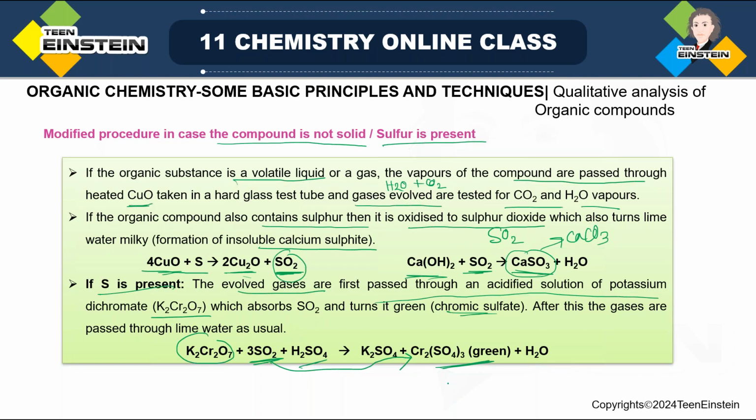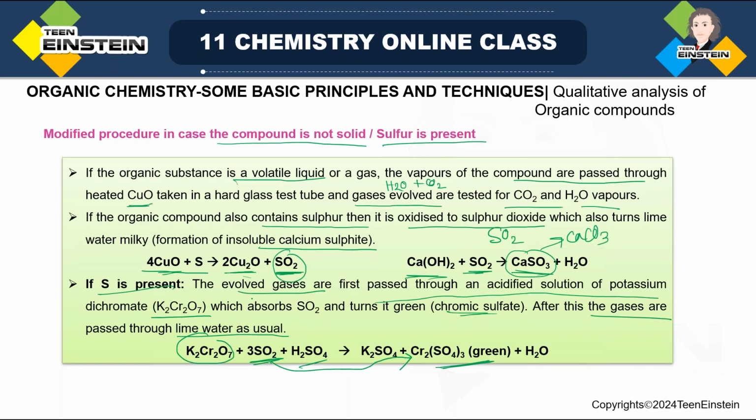Now once you have done this, the SO2 is already removed. After this, the gases, whatever gases are left, you can pass through lime water as usual. So after doing this, you are passing it through calcium hydroxide solution, that is lime water. And if you are seeing that still there is some milky appearance, that means CO2 is present because you have already removed SO2 by this reaction using K2Cr2O7.